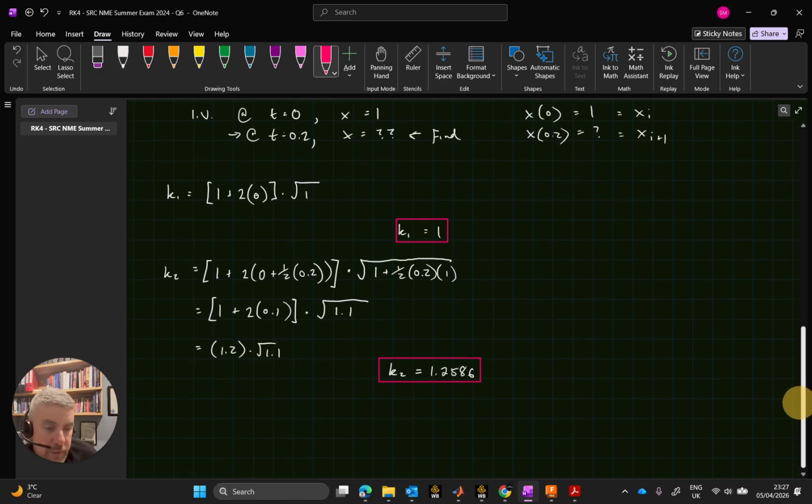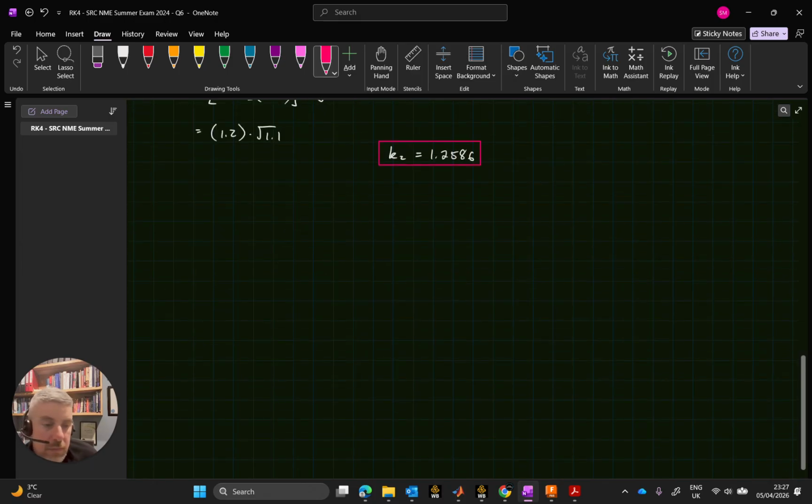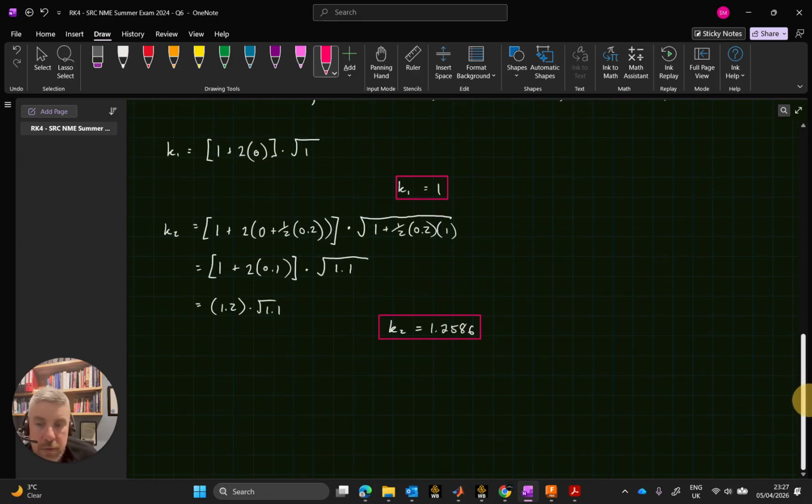All right, k3 value. I'm going to keep k2 inside because k3 is very similar. It's identical. In fact, the only thing that's different is going to be this last value here. In k2, that's a k1 value. In k3, it should be the k2 value. So k3 is equal to 1 plus 2 times the t value.